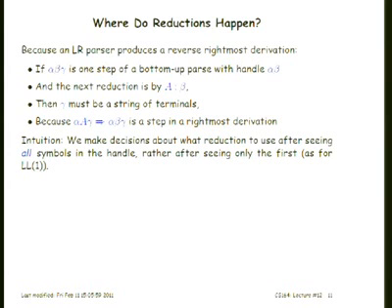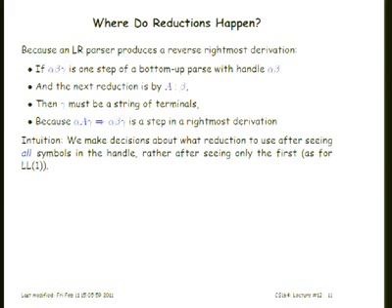So, as I said, everything to the right of the handle is a terminal symbol. That's what the slide basically says. And the idea again is that we reduce a handle, a string of symbols. Reduce is the opposite of produce.